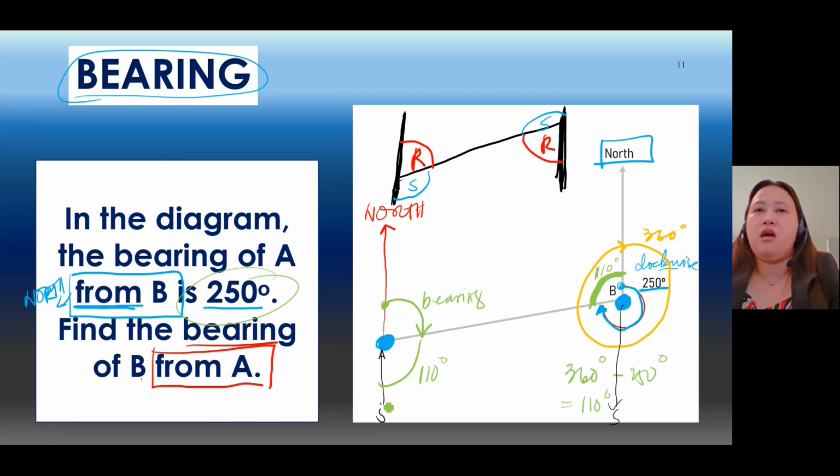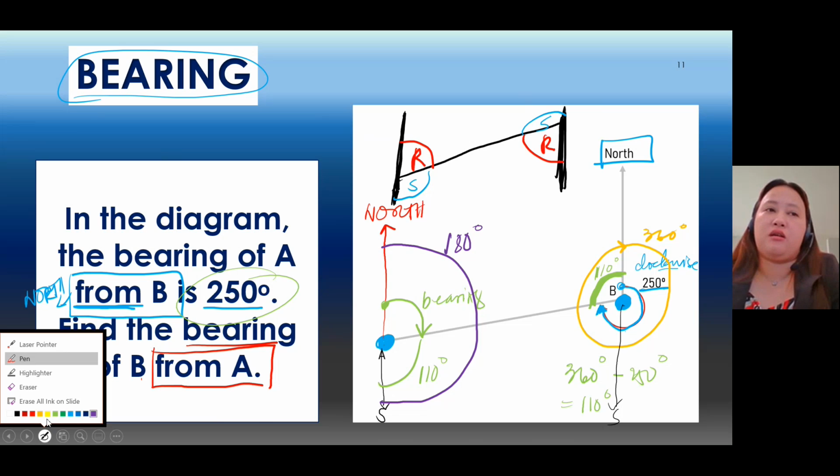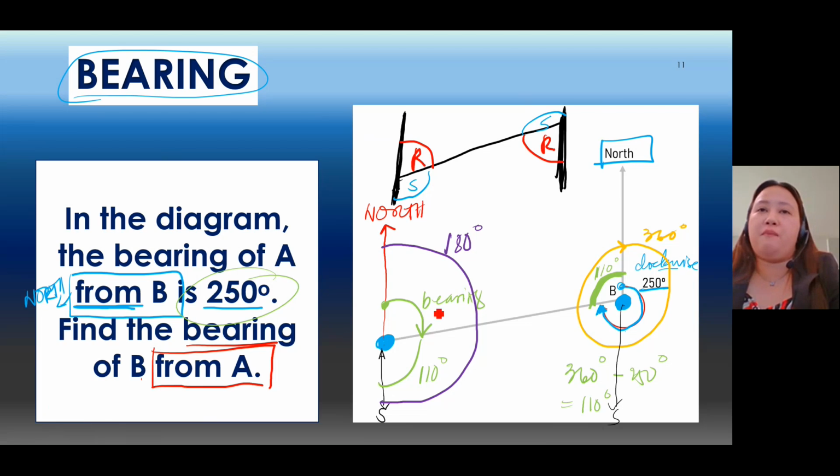Next, try to remember the kinds of angles. From north going to south, you can measure this angle. This measures a half revolution, or half angle, 180 degrees. It means that you can already solve for the unknown bearing.